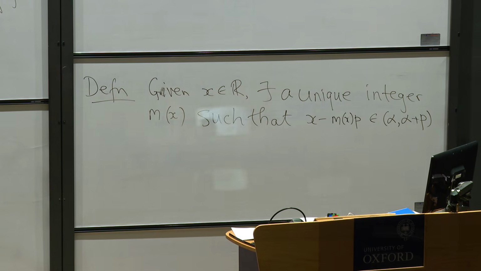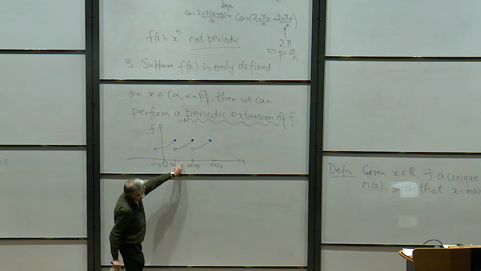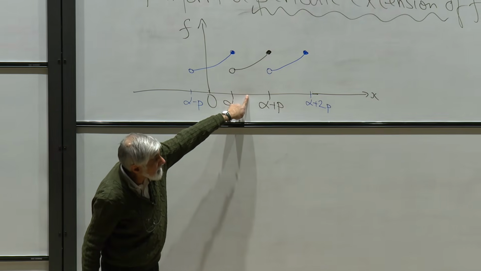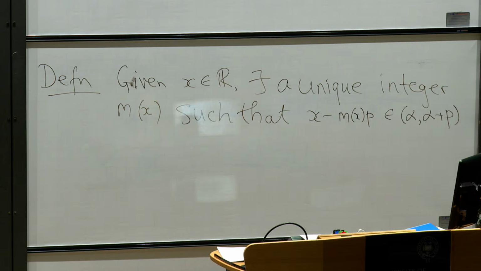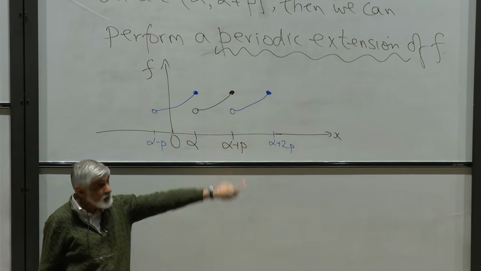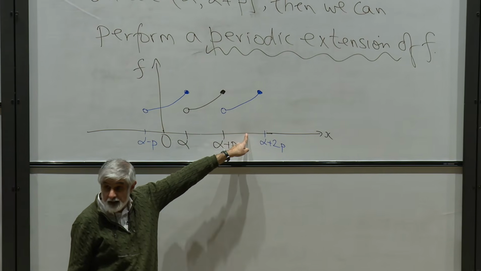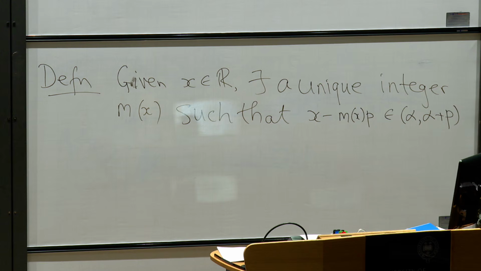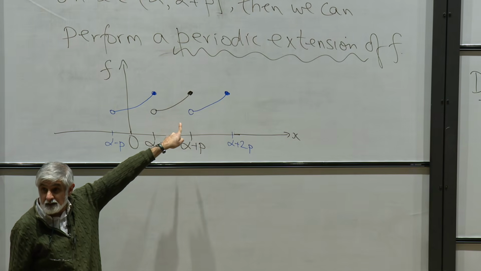So what does that mean? Suppose I start off with x here, then I would take m to be 0. So if I take m to be 0 in this definition, then my x lies between alpha and alpha plus p. Suppose my x was here, then if I take m to be 1, then x minus p lies here.